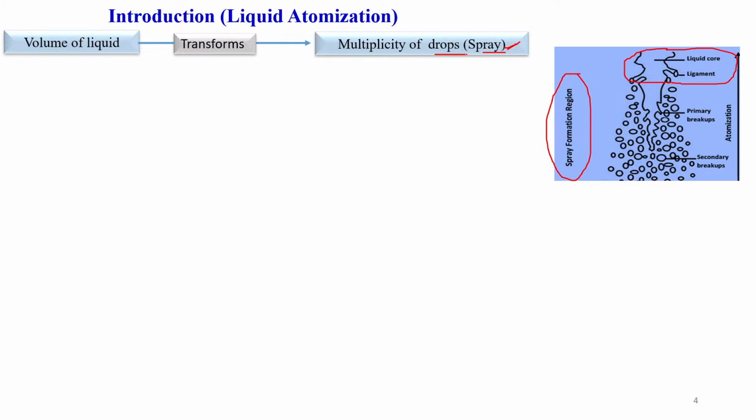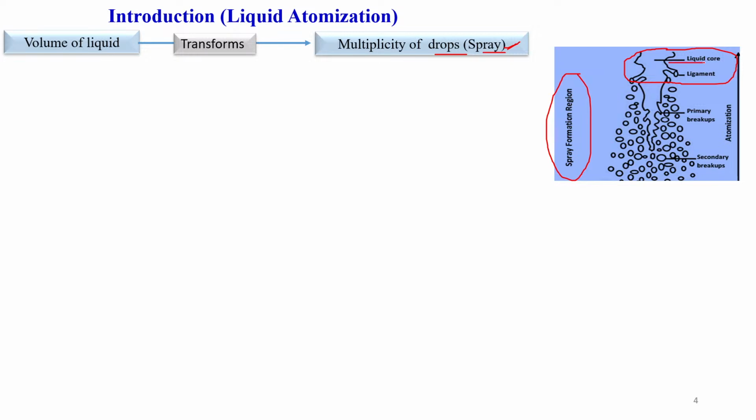If you have a bigger droplet diameter, we will not get complete combustion, which leads to emission formation or localized incomplete combustion. So in order to achieve proper combustion, we need to efficiently atomize the liquid fuel.